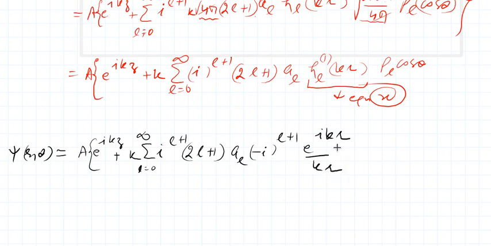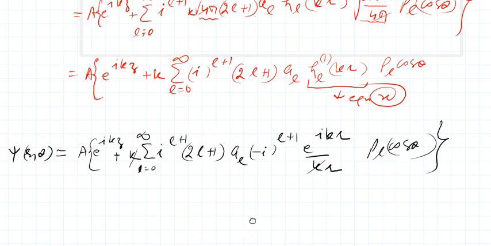It is the value of this part, and PL cos theta will remain as it is. This k will cancel out with it because this k is again independent of L. So it can be taken out and it will cancel the effect. Right?